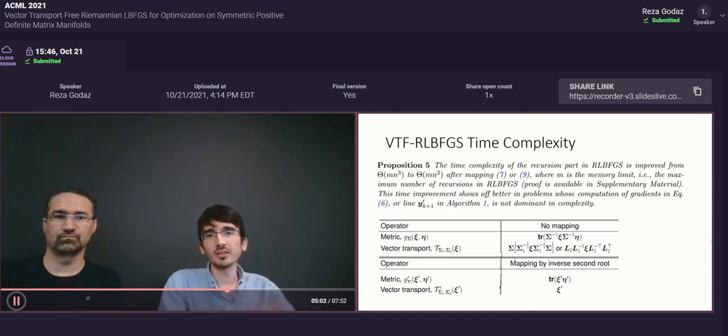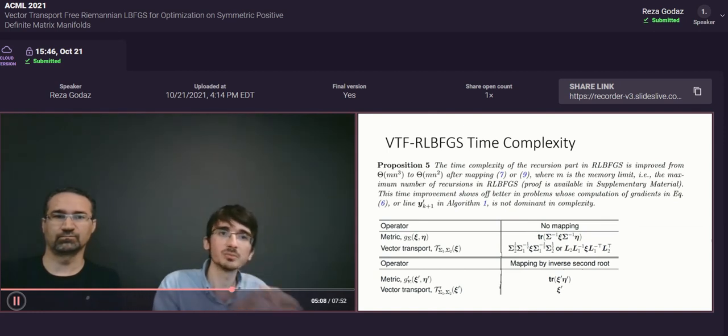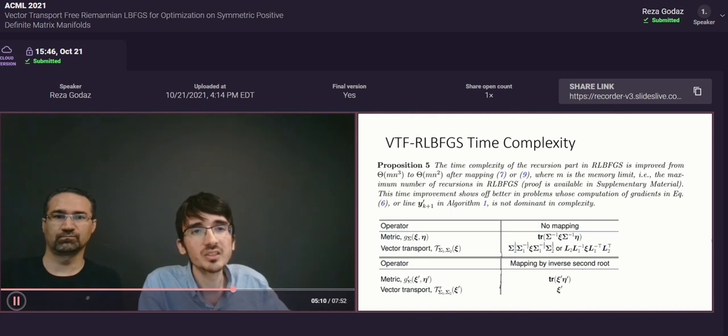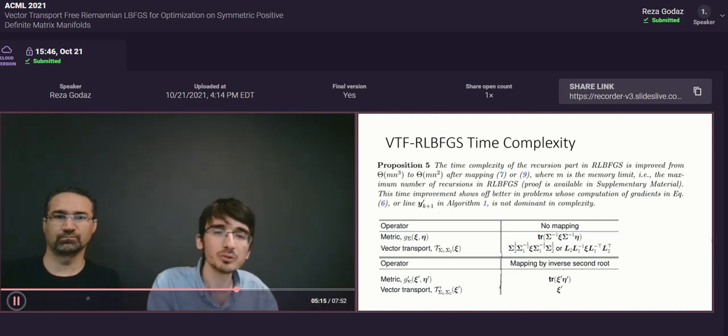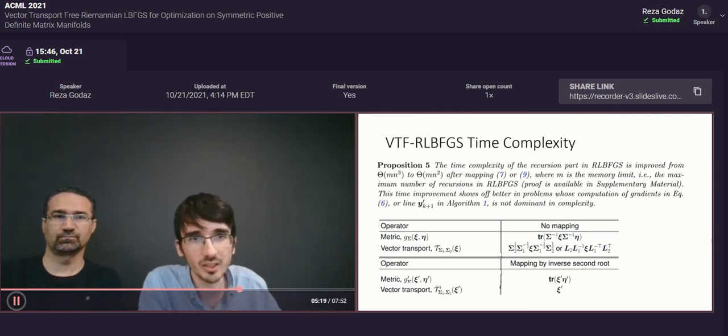When we applied our mappings, many operators became simpler in the algorithm, and as you can see, the time complexity has been improved. The time complexity is Theta(m n^2) after applying our mapping, whilst it was Theta(m n^3) before. Why?